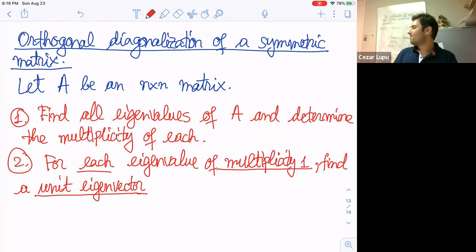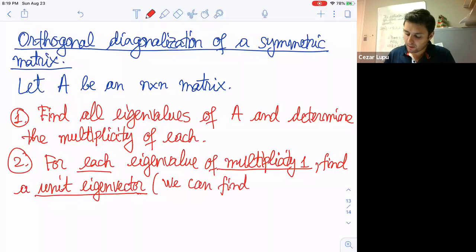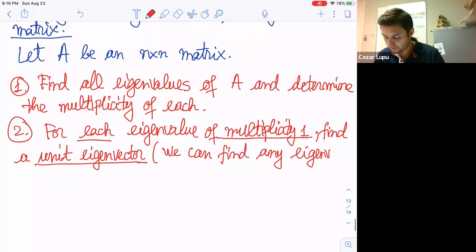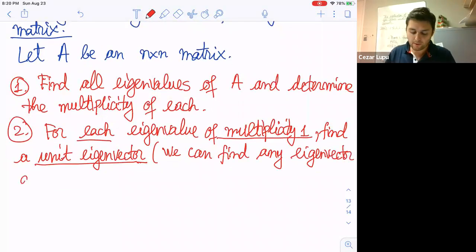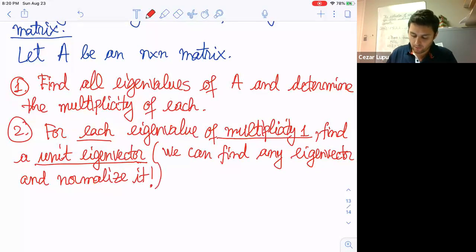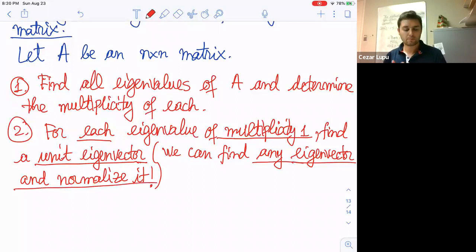In fact, we can find any eigenvector and normalize it. So at this point, it's quite clear what procedure we need to apply, and we will see some examples. This is important: find any eigenvector and normalize it.